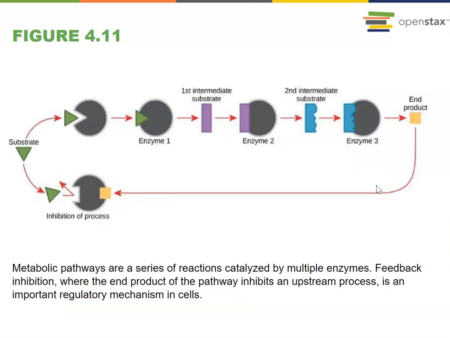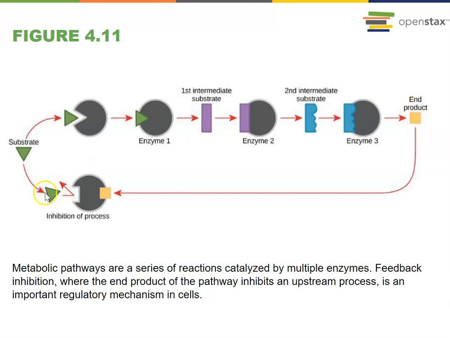This is showing that metabolic pathways most of the time are using multiple enzymes to get from point A to point B. Here the substrate comes and binds to our enzyme, and then our enzyme changes this green triangle to a purple square, and then this binds to another enzyme, which changes it to another intermediate substrate, and that's going to bind to our last enzyme here, which is going to make our end product.